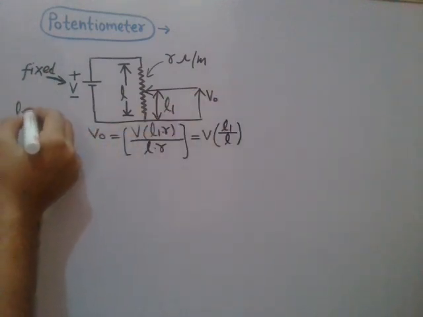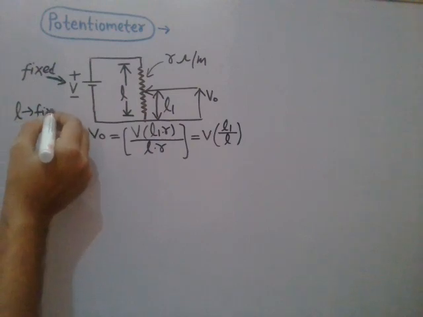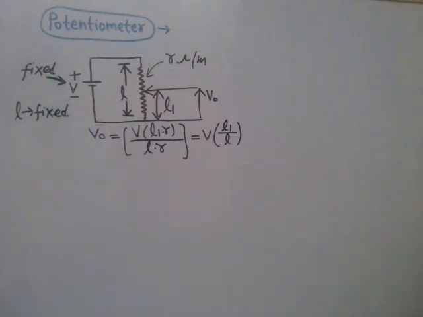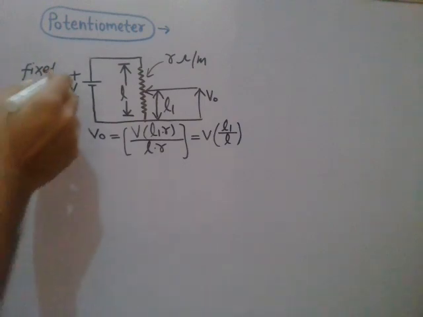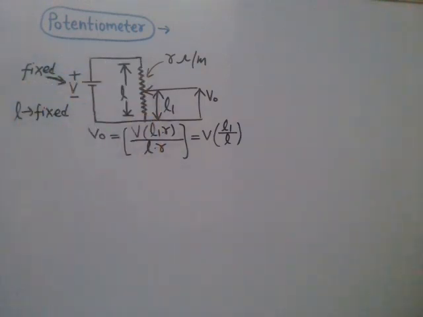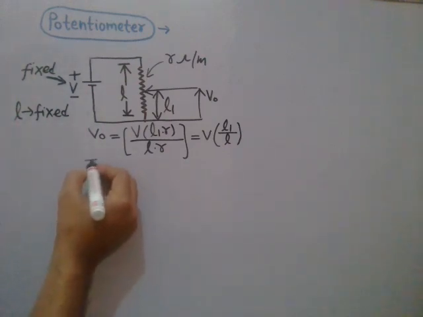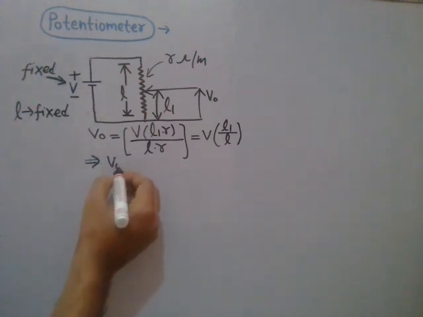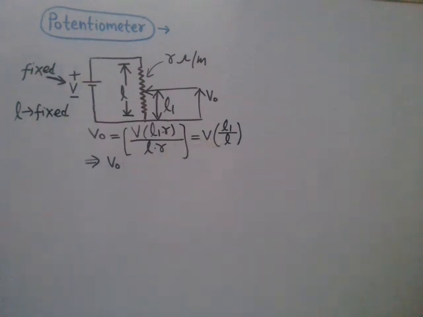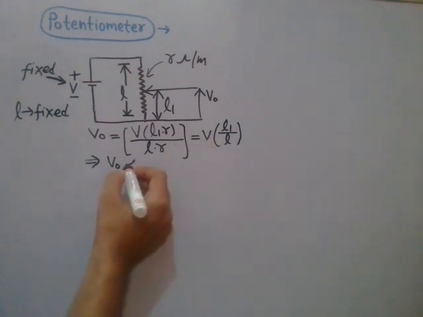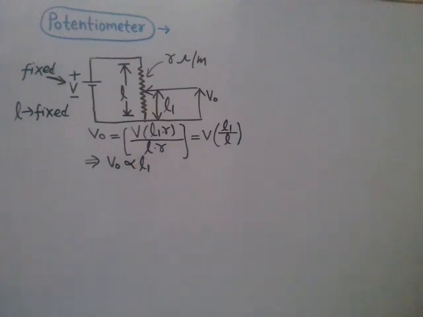So these two parameters, the applied DC voltage V and the length of this wire, are fixed. Here you can conclude that the output voltage V0 will be proportional to length L1.